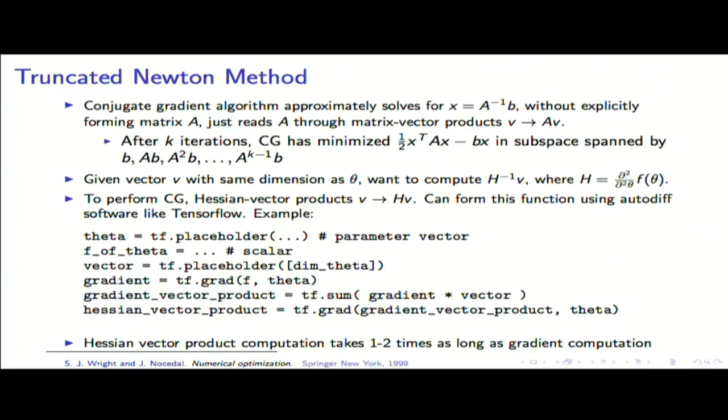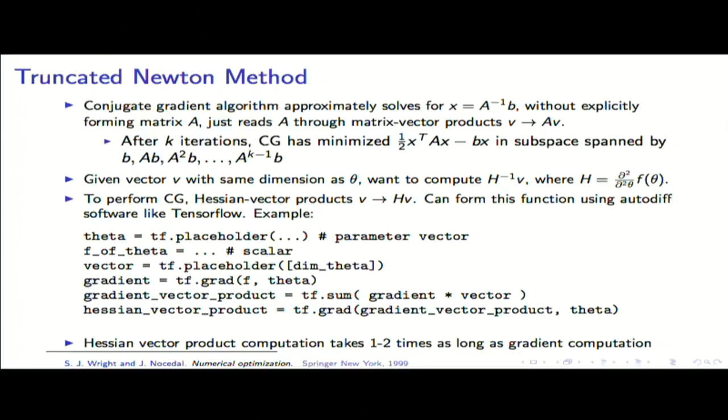Now let's talk about how to use this for optimization. That's the conjugate gradient algorithm for just solving a linear system, but how do we use it in optimization? Let's say we're optimizing over our parameter vector theta. We need to do Hessian vector products to be able to do the conjugate gradient algorithm. In optimization, we want to compute H inverse v.